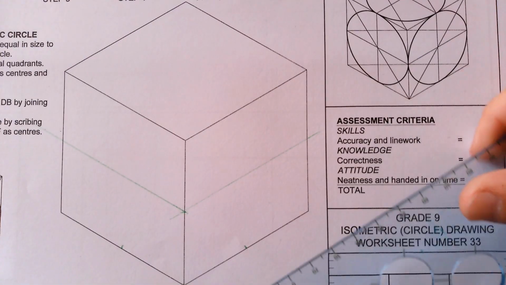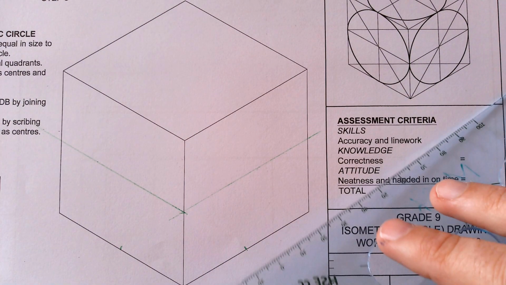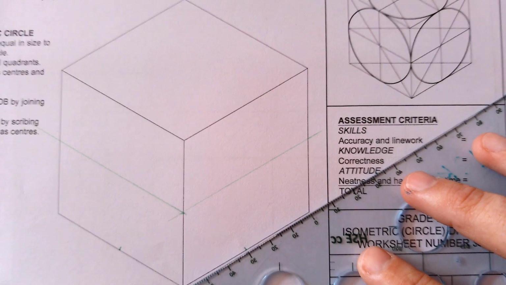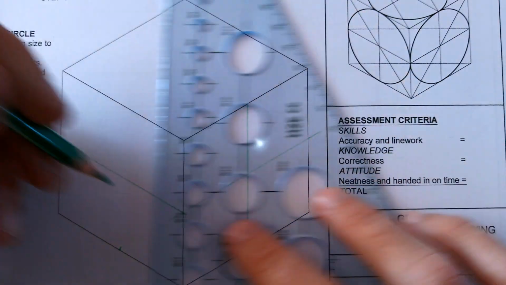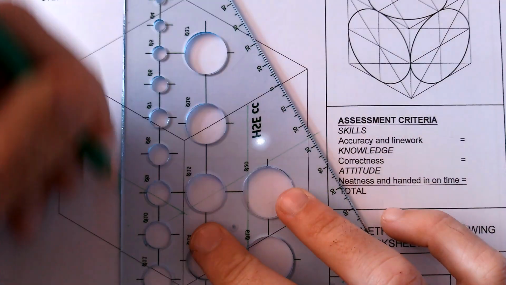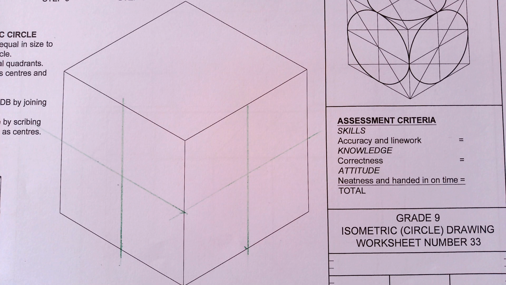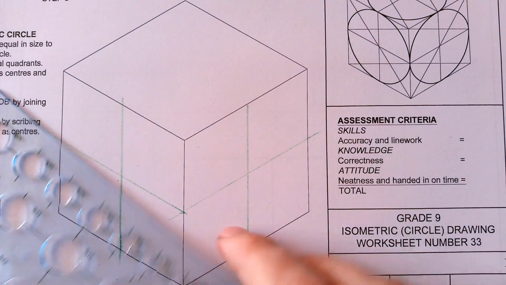Is that 30? Make sure I get this right. That didn't look like 30. Let's go back. Yeah, more or less. Okay, good. There we go. So those two faces are divided perfectly for us. And then we're going to go to the top.